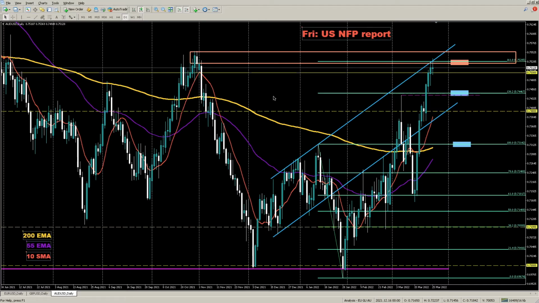So no major news as well from the Australian economy, and also exposure to the non-farm payroll report. And we'll see whether the commodities that's driving these Aussie pairs higher, whether it's going to fade off and lose some momentum, because now it's at a major resistance level now.